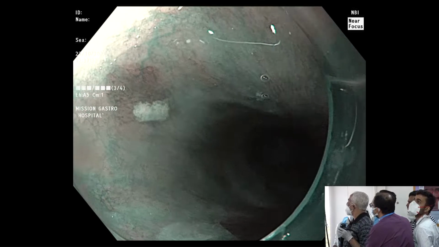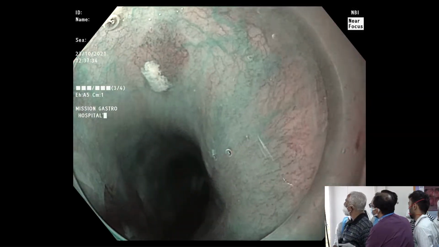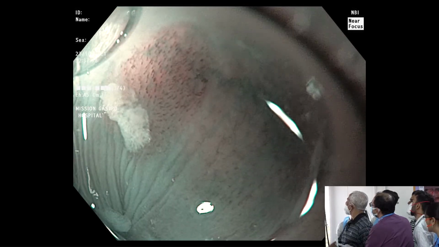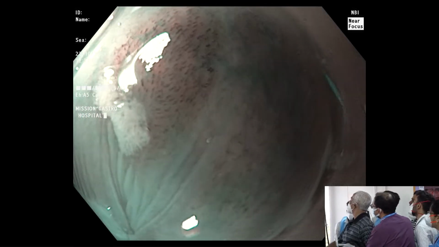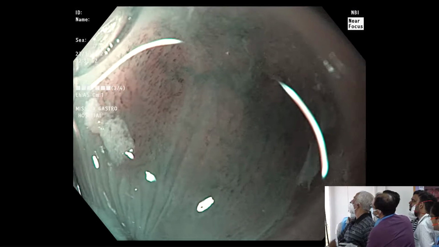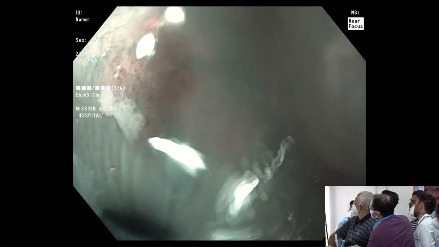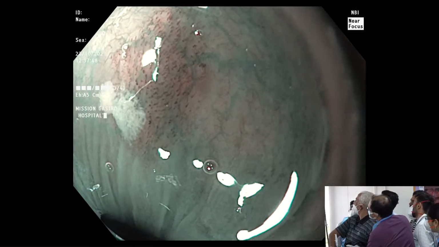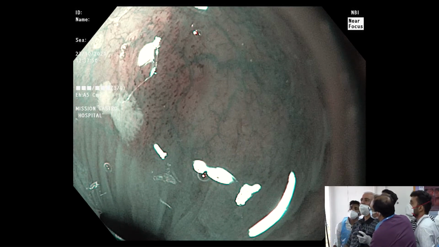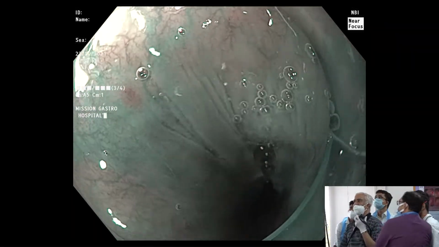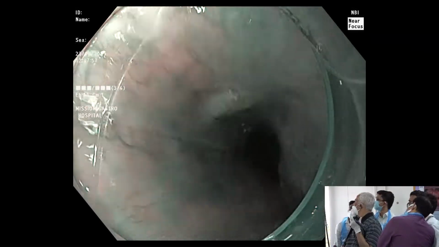See, this is again the same thing. Maximum B1. No, not even B1. Sorry, A. This is A. Maximum A. Looks normal. This looks normal to me. Even not A. Now, you want to biopsy it, fine, but I personally think there is no need.